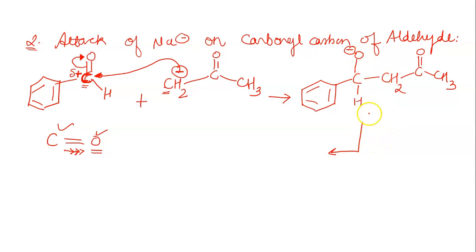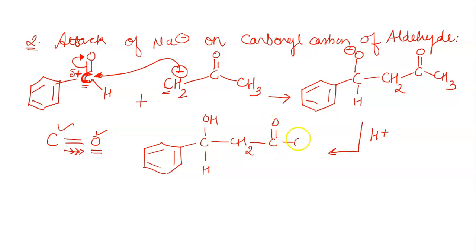So this O minus can abstract a proton from the water molecule. So it gains an H plus. So this is the intermediate after attack of the nucleophile on the carbonyl carbon.